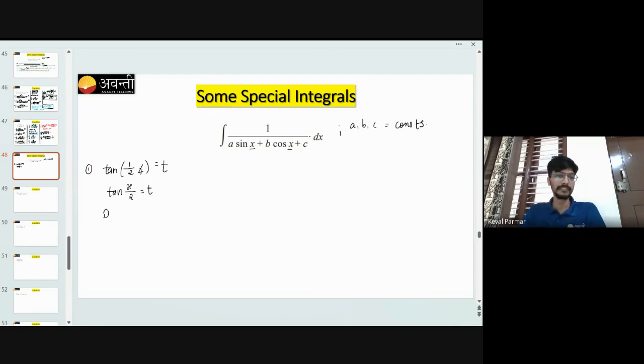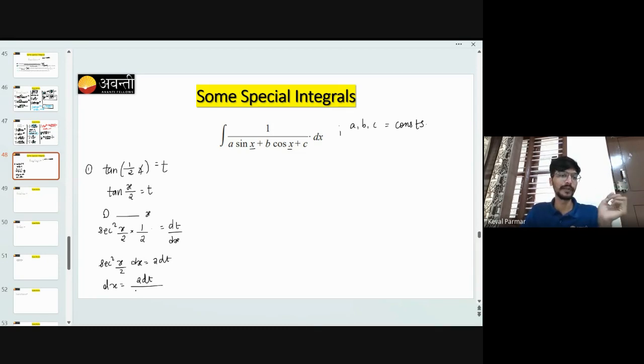If I differentiate with respect to x, I'll get sec square x by 2 into, by chain rule, 1 by 2 is equals to dt upon dx. If I cross multiply, I'll get sec square x by 2 dx is equals to 2 dt. So dx is equals to 2 dt upon sec square x by 2.